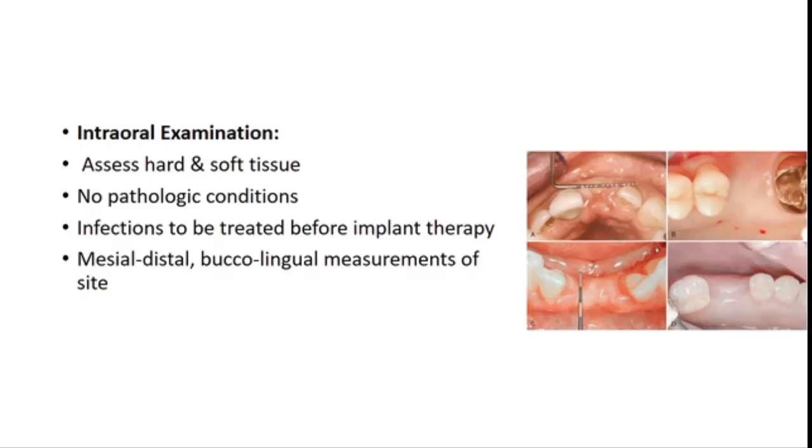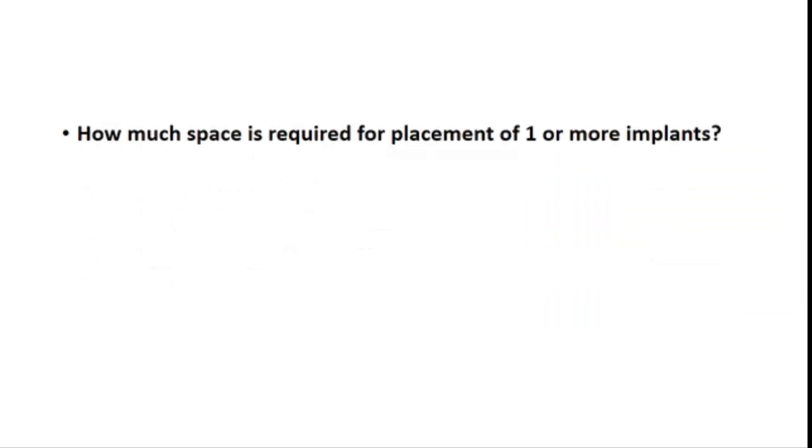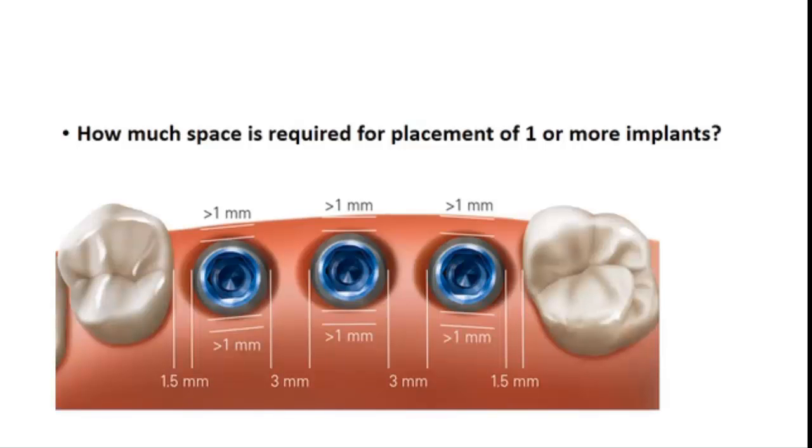The height of the bone will be calculated by using the other investigations, that is radiographs. Now, how much space is required for placement of one or more implants? That's a question you would like to ask me, and this is exactly what you have to plan.